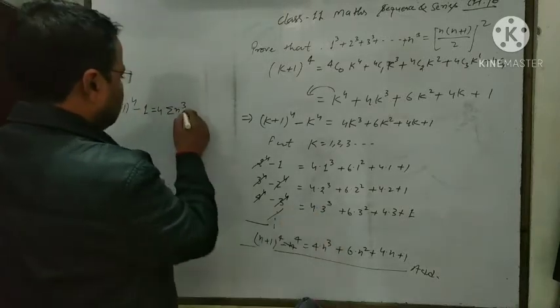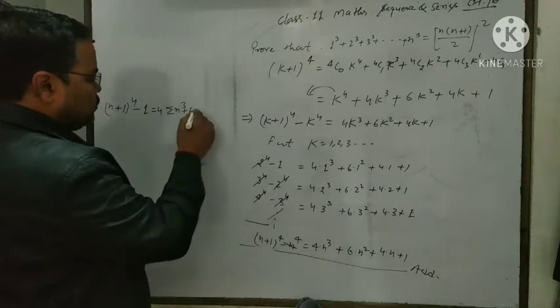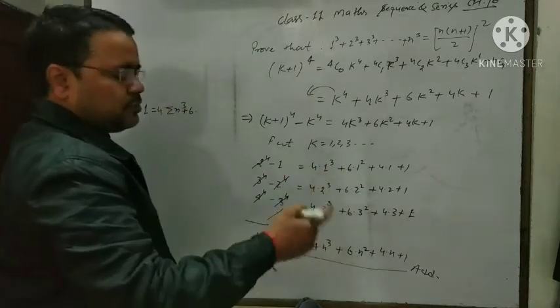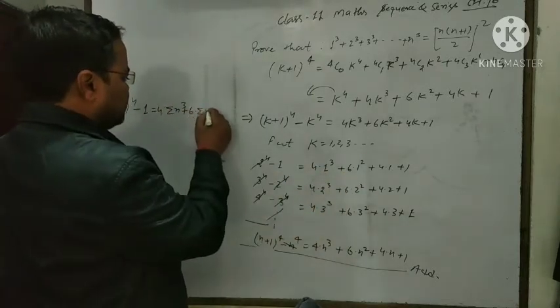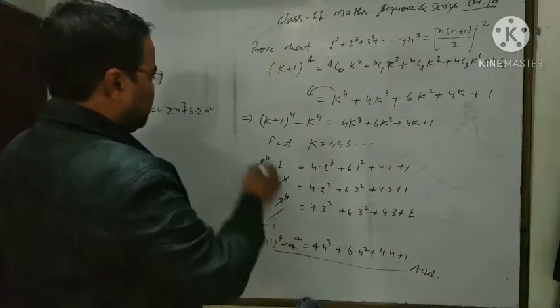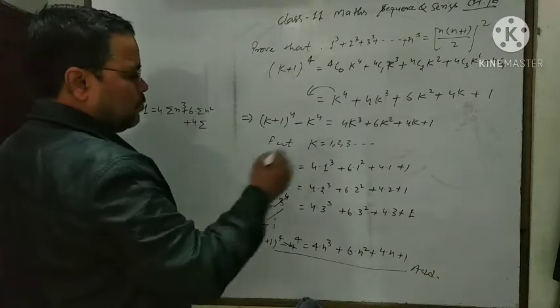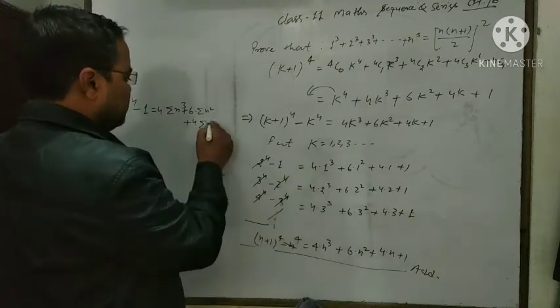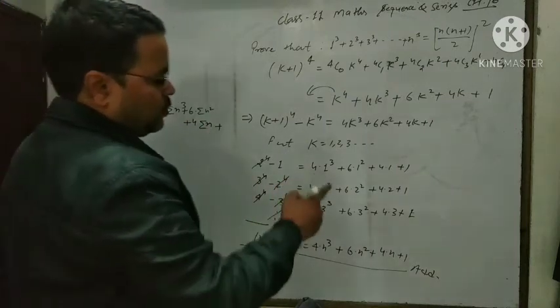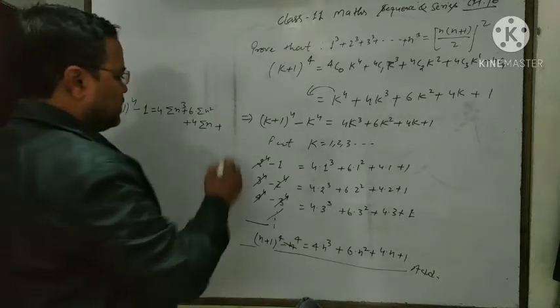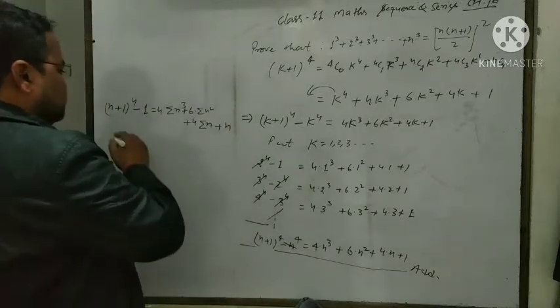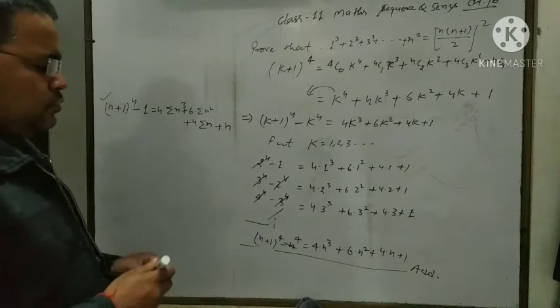Similarly here, 6 into 1 square plus 2 square plus 3 square, it will be sigma n square. Okay, and again plus 4 times 1 plus 2 plus 3, it will be sigma n, and plus here 1 added n times, then it will be n. It means finally we get this value.